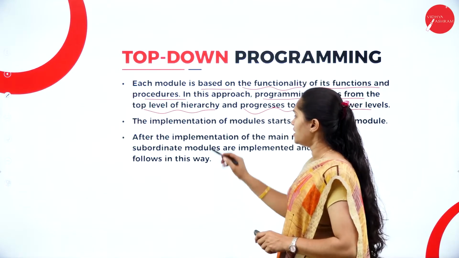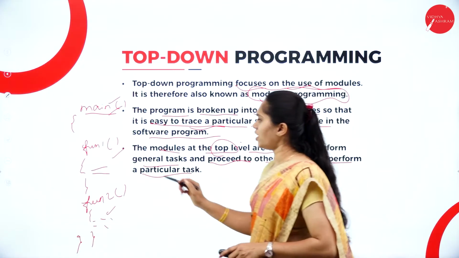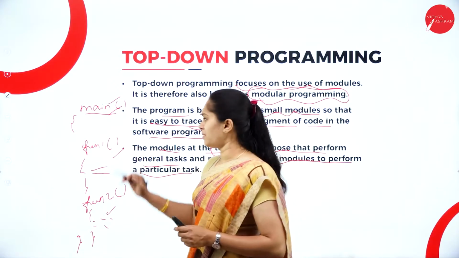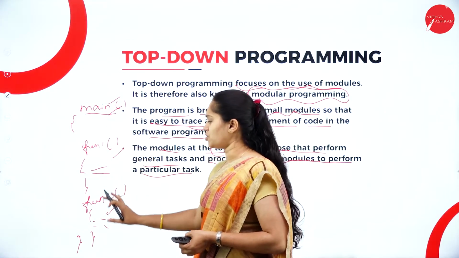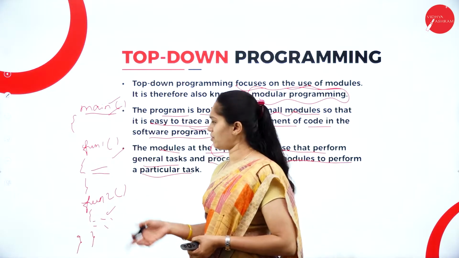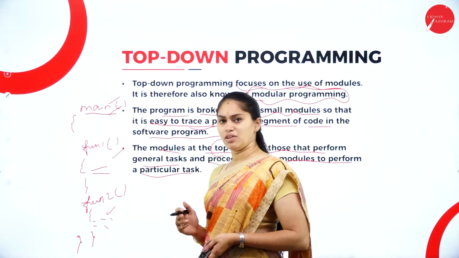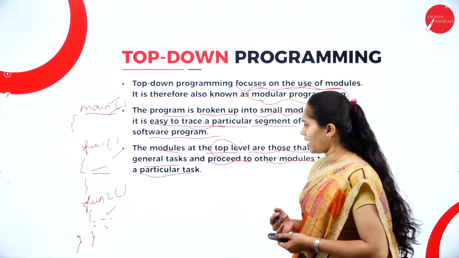Also, the implementation of modules starts with the main module. That is why here we have a main function. Wherever we have a main function in top-down programming, the program will start its execution from there. If I want to execute function 1, then first it has to reach the main function. So the implementation starts with the main function.